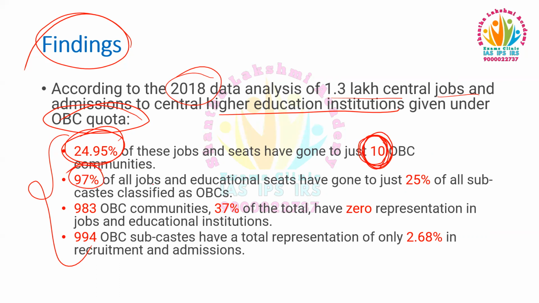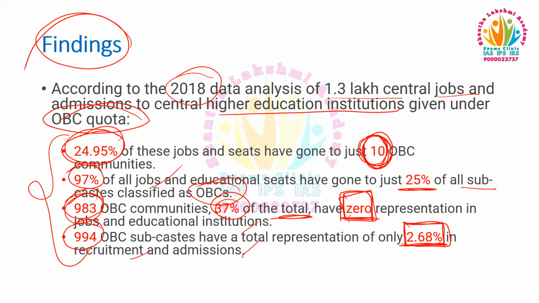And 97% of all jobs and educational seats have gone to just 25% of all subcastes classified as OBCs. And 983 OBC communities, that is 37% of total OBC communities, have nil representation. See the pathetic condition here. These 983 OBC communities have nil representation in jobs and educational institutions. And 994 OBC subcastes have a total representation of only 2.7%, that is 2.68% in recruitment and admissions. So these were findings of the commission.